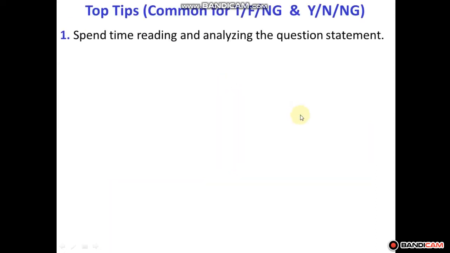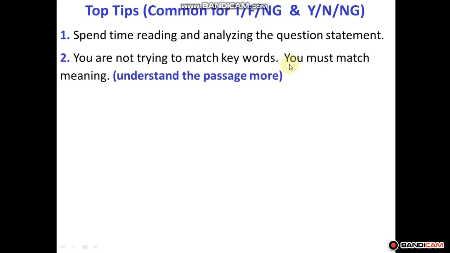Well, top tips. So after we have discussed everything, we come up with top tips. Common for true, false, not given, and yes, no, not given. All right. Number one, spend time reading and analyzing the question statement as we discussed before.